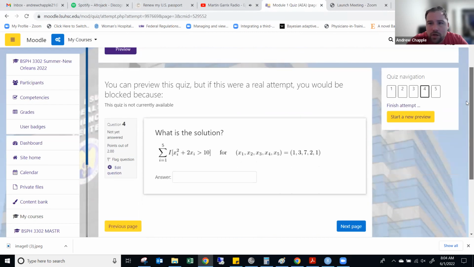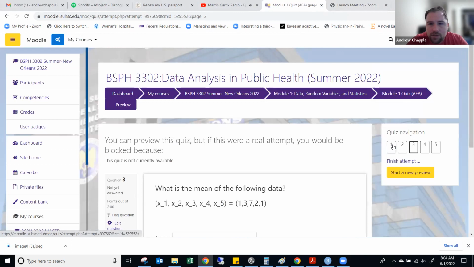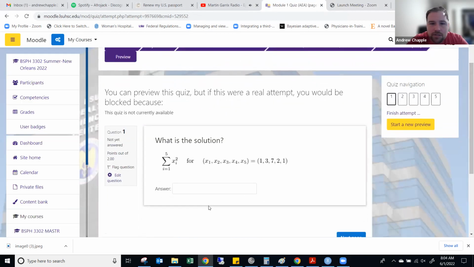Okay, so just walking through the quiz, the first question is what's the solution to this? The first question is what's the solution here, xi squared for this set of data from 1 to 5. So 1 squared is 1, 3 squared is 9, 7 squared is 49, 2 squared is 4, and 1 squared is 1.